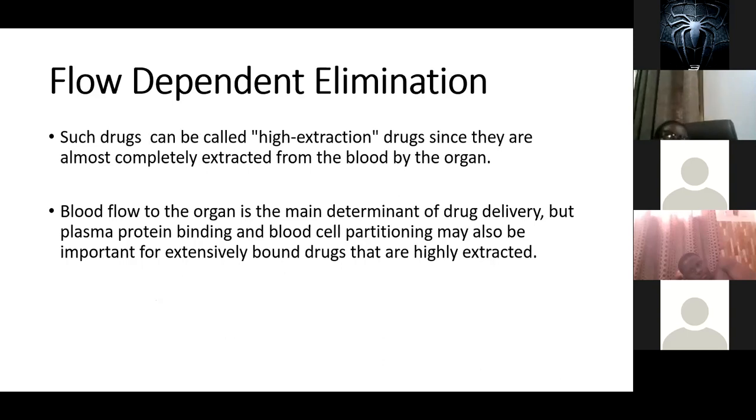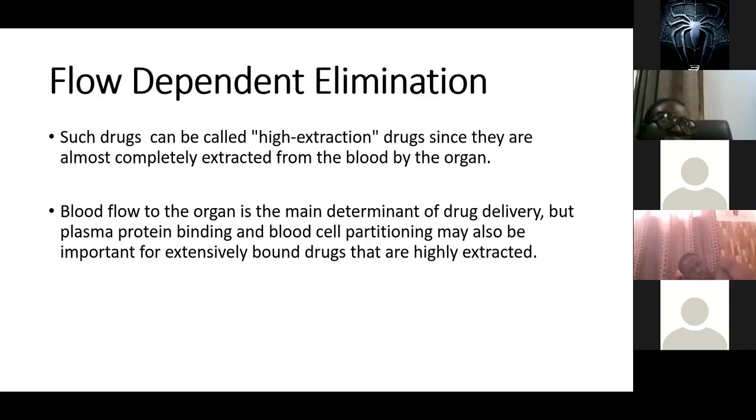It's as if the organ is like a sponge. So as soon as the blood passes through that particular organ with the medication involved, it is almost completely extracted. So blood flow to that particular organ is the main determinant of drug delivery.